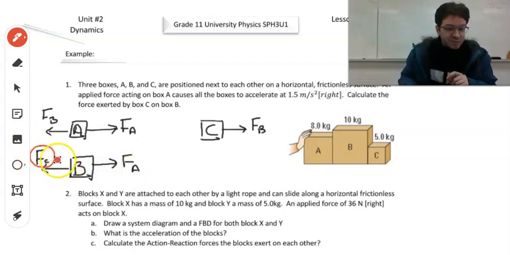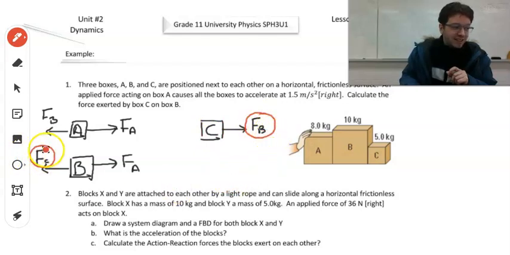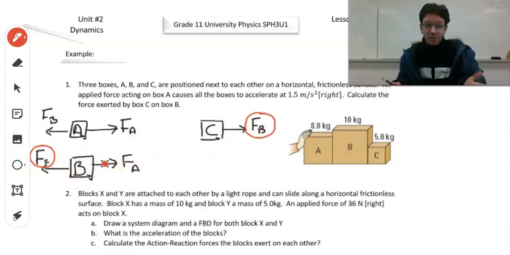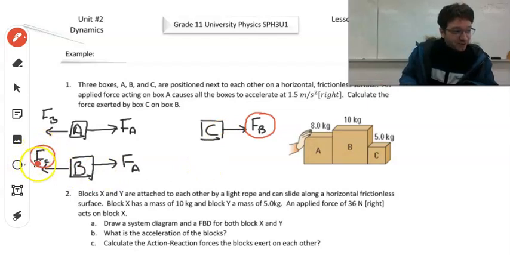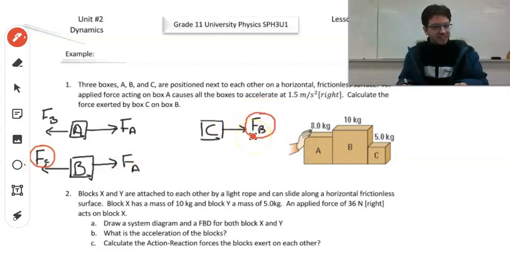If all forces come in pairs, what's the pair that comes with FC? And that's this one right here. The force that B puts on C is equal and opposite to the force C puts on B. So these two forces that I've circled have equal magnitudes, just opposite directions. So if I want to solve for this force, I can indirectly solve for it by solving for this one. And that's a problem that's a lot easier.